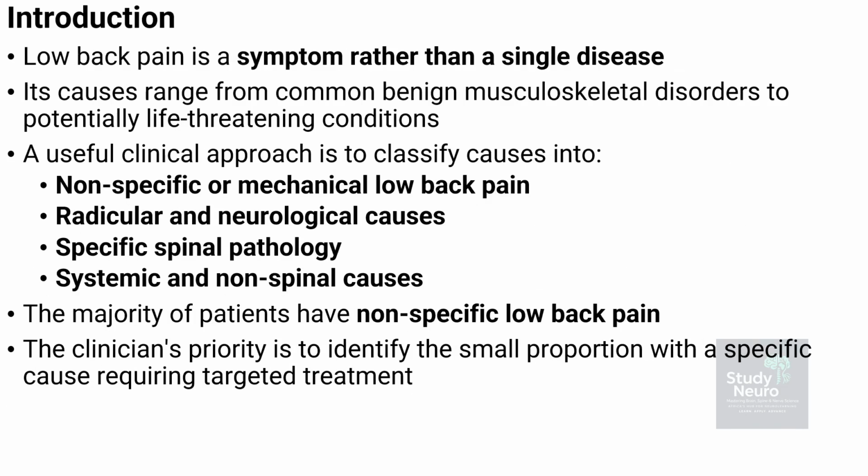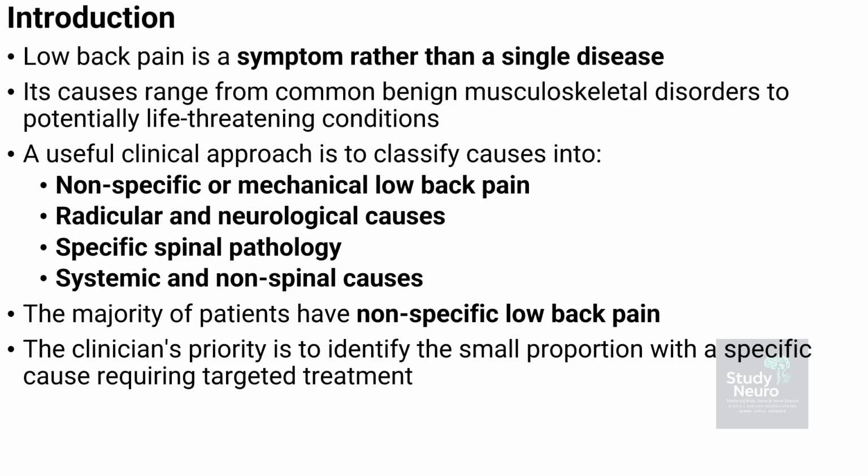Low back pain is a symptom, not a single disease. It can result from common musculoskeletal problems, but in some patients, it may signal a serious or even life-threatening condition. Clinically, the causes can be grouped into broad categories based on where the pain comes from and how it presents. Most patients have nonspecific mechanical pain, which usually does not have an identifiable serious underlying cause.